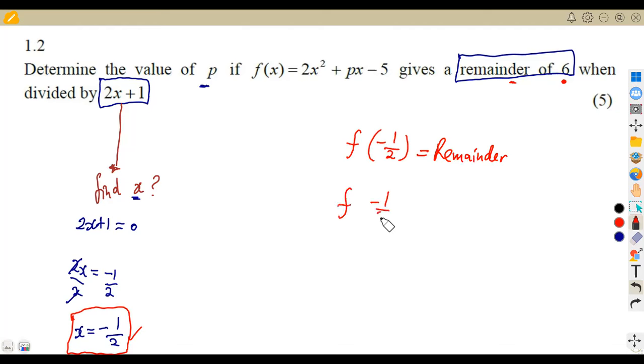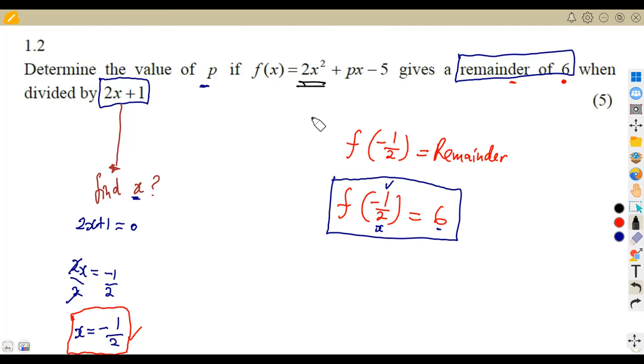So f of minus half is no longer equal to 0; it's equal to a certain value, the remainder. It means where there is x, I'm going to substitute minus half and equate my answer to 6.